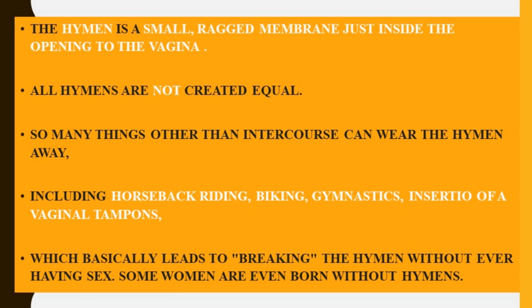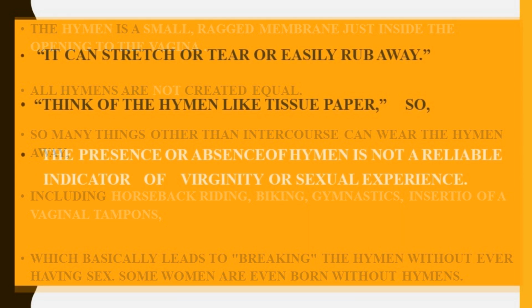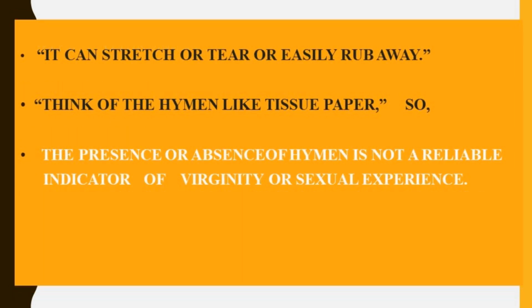Some women are even born without hymens. Hymen is like tissue paper, so it can stretch or tear or easily rub away. So, the presence or absence of hymen is not a reliable indicator of virginity or sexual experience.